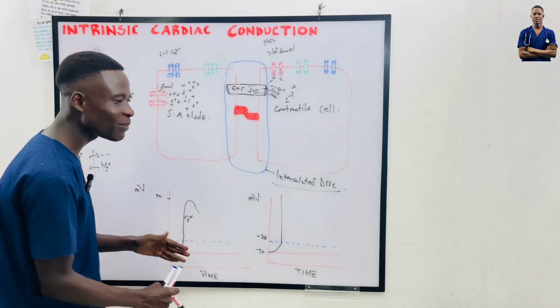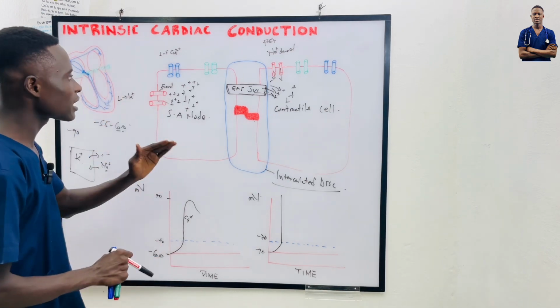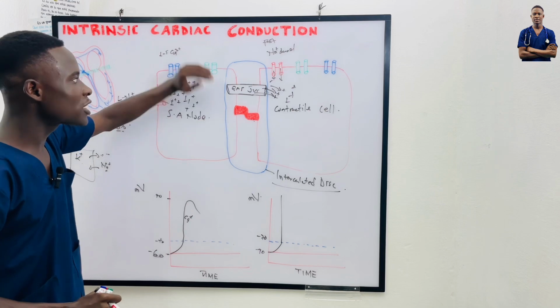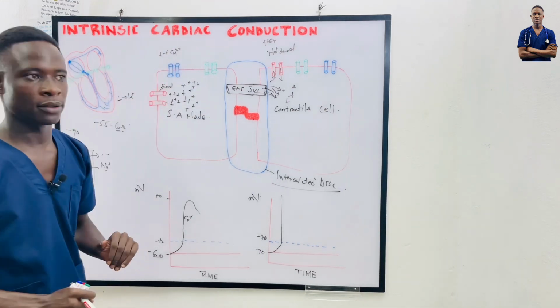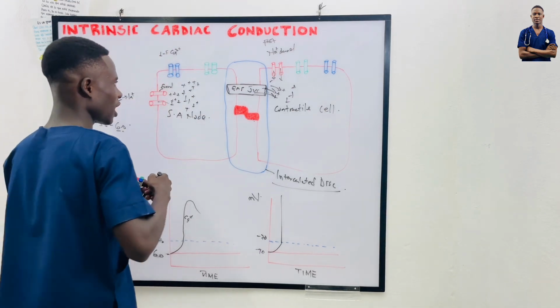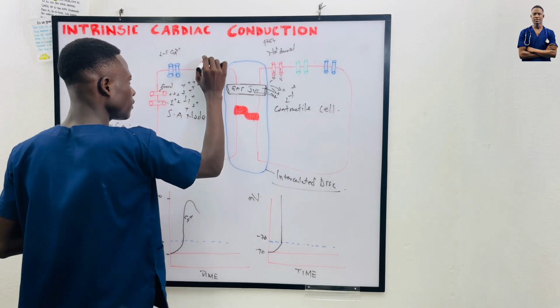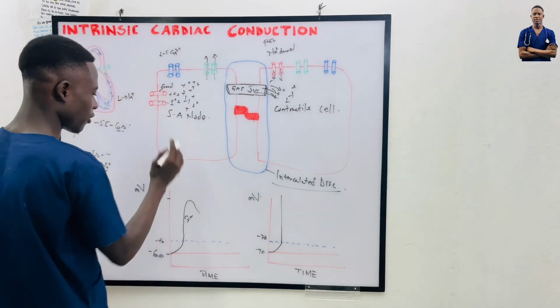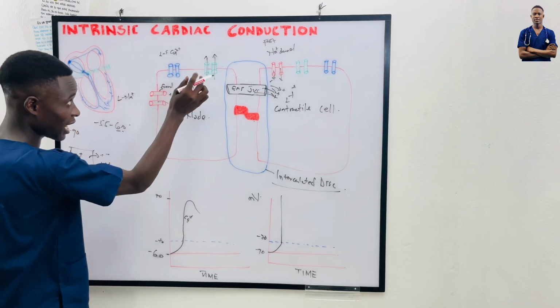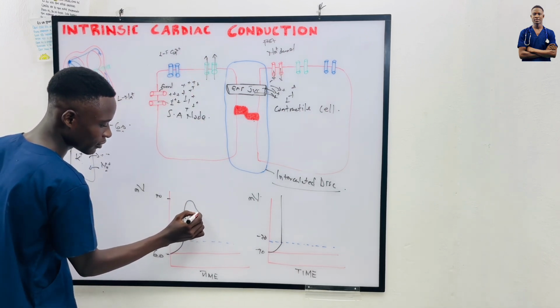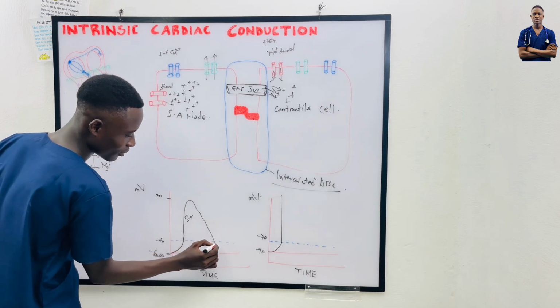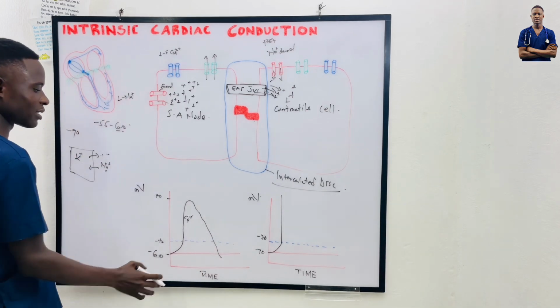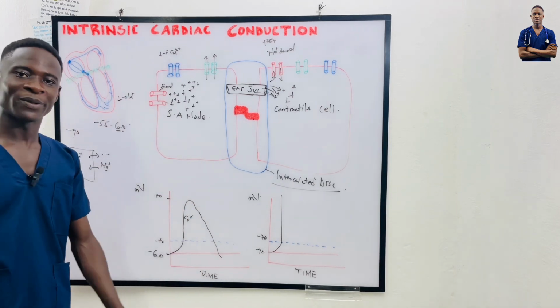When you want to bring it back, you open the potassium channels so that there will be more movement of positive ions from inside to outside. So when you open the potassium channels in here, there will be an outflux of potassium ions. As there's an outflux of potassium ions, the cell begins to get its resting membrane potential back.